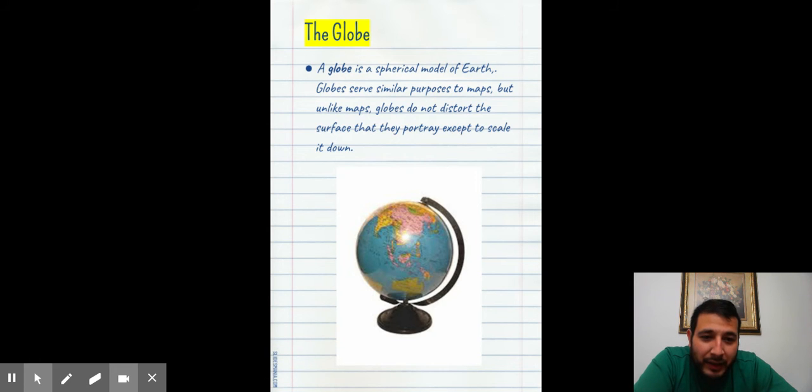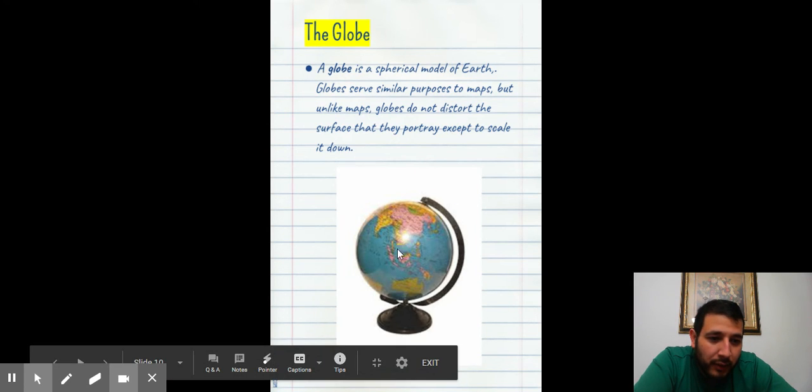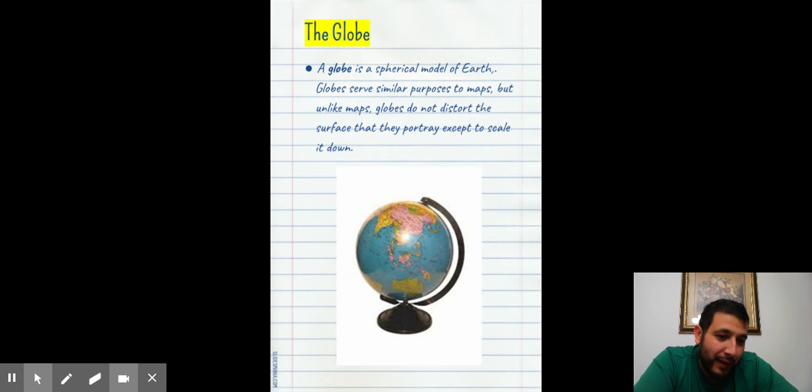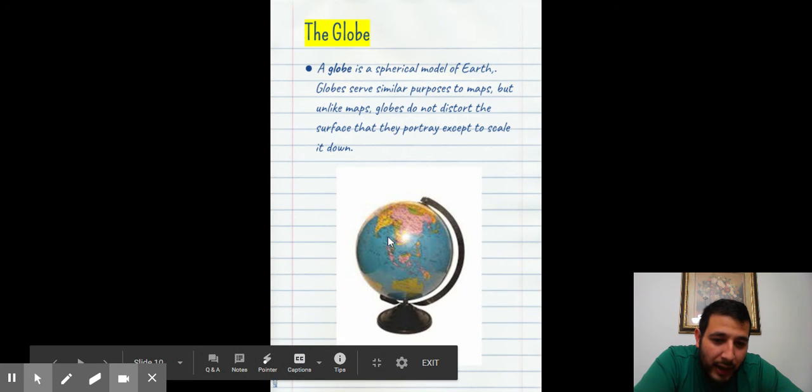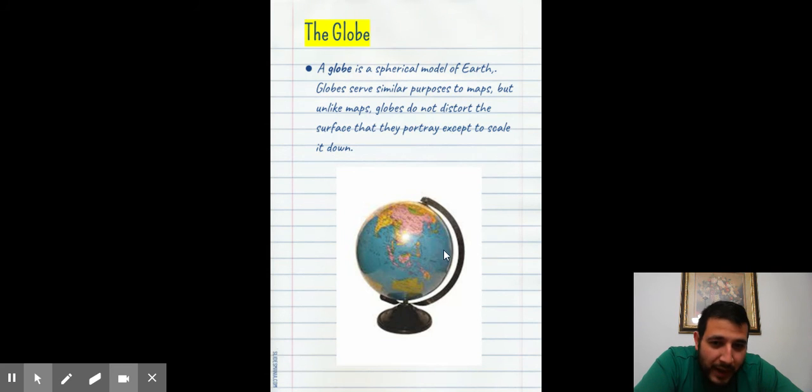This one is actually like a balloon. It's like a real Earth, but smaller. So that's where the scale comes in. All of these usually have the latitude and longitude, which we're going to cover tomorrow.